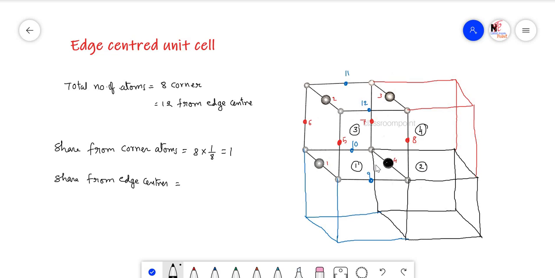Means all these 4 unit cells meet at this edge. So each of these edge-centered atoms' contribution towards any particular unit cell is 1/4, such that 12 atoms are there. So 12 into 1/4 equals 3. Total equals 4 atoms per unit cell.